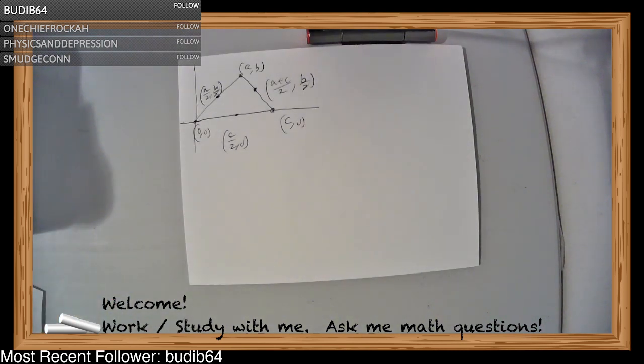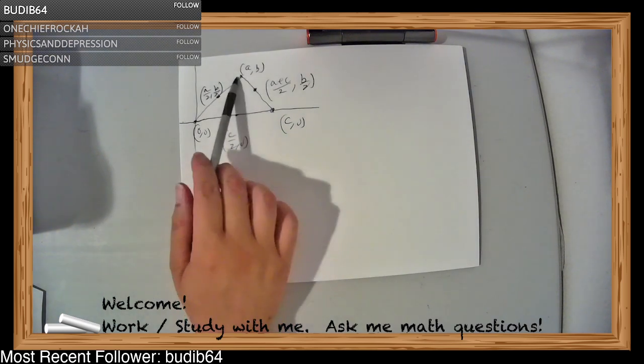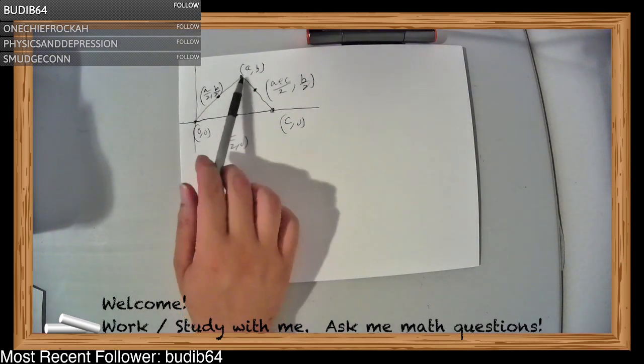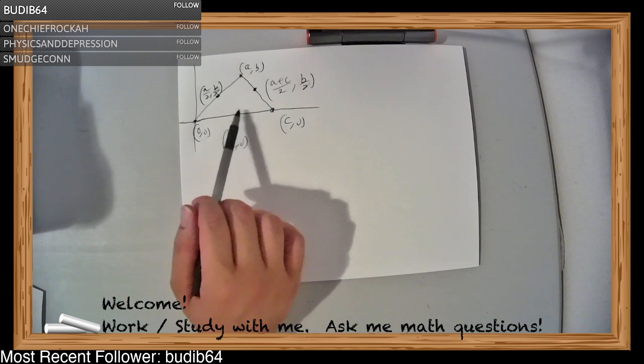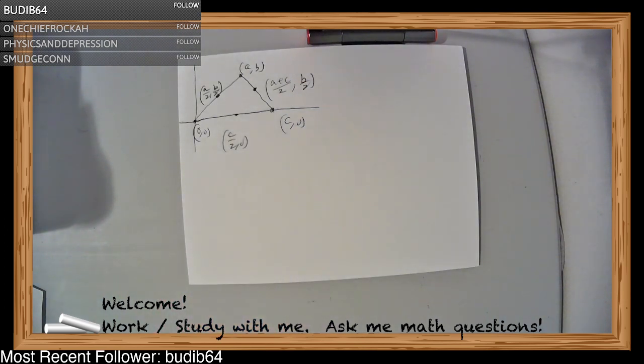Wow, I don't know if you guys can even see that. I should write bigger. Anyway, okay. So if I remember correctly, which I might not remember correctly, there's a concurrency proof where the point of concurrency is always 2/3 away from the point of the triangle and 1/3 away from the other point on the triangle.